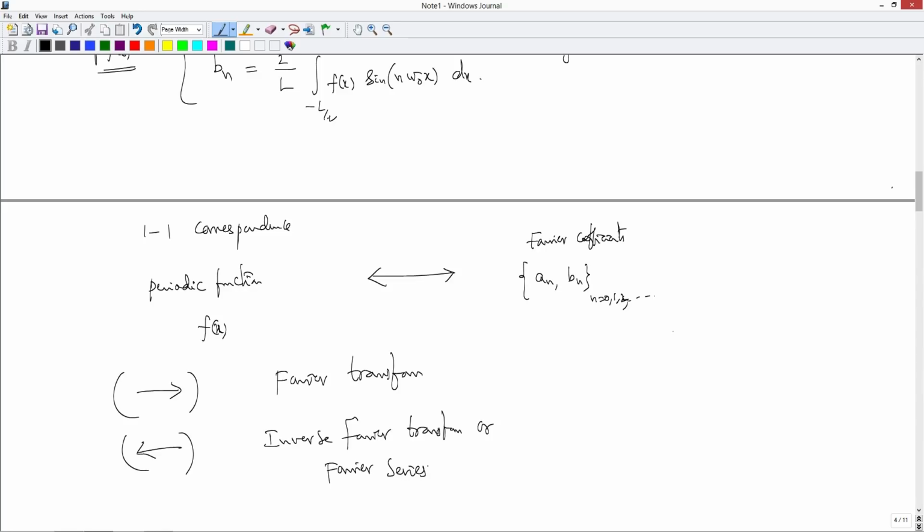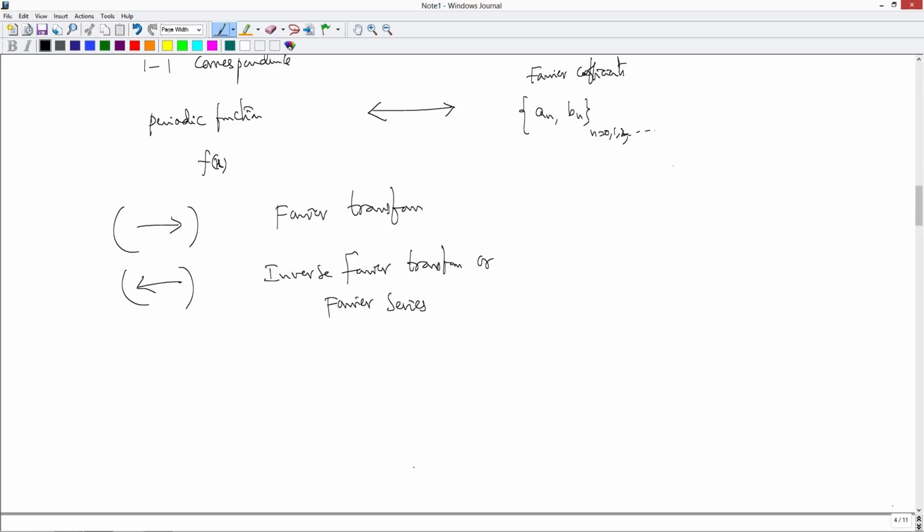How does this look? I can reconstruct f of x in terms of these a n's, b n's and the fundamental functions or fundamental signals like cosines and sines.